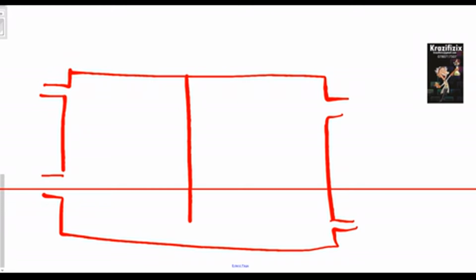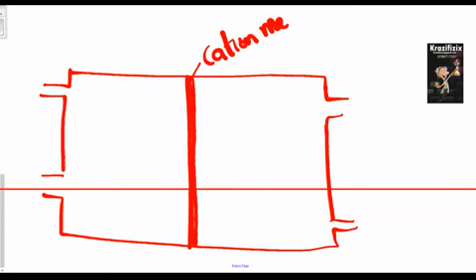Now the membrane cell is divided into two halves by what, and this is where it gets the name, a cationic membrane. Now we have our electrodes here.